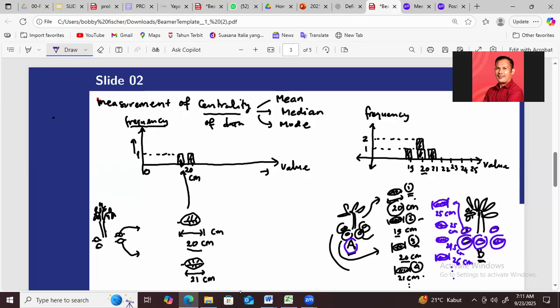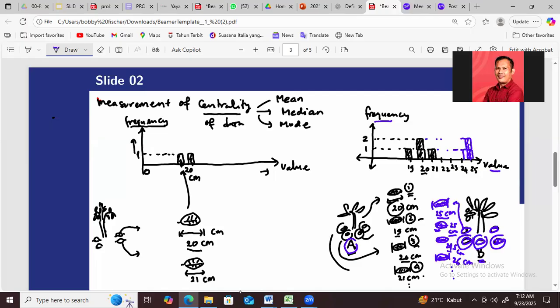And then for the second tree, or tree B here, you can plot in this diagram, value plus frequency. So this is 25 centimeter. You put one occurrence here. And then 25 again, the second leaf, this one here. And then you put another one here. So the frequency of occurrence is 2. And then the third one is 24.5. 24.5 is around here.